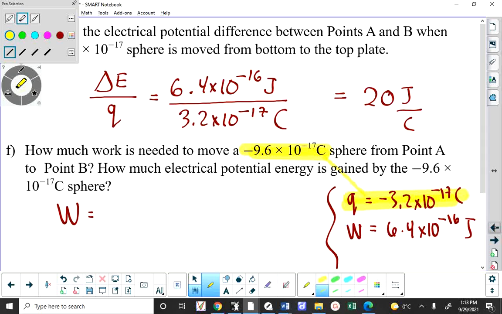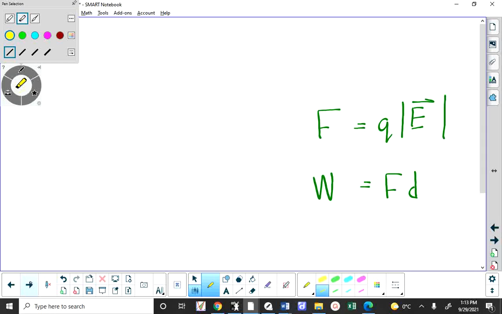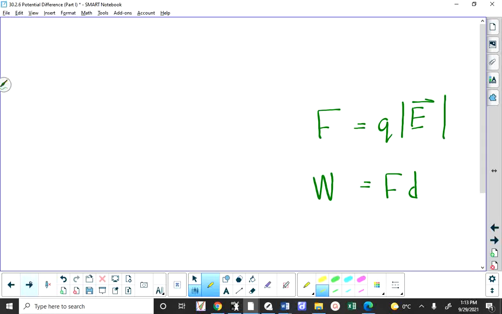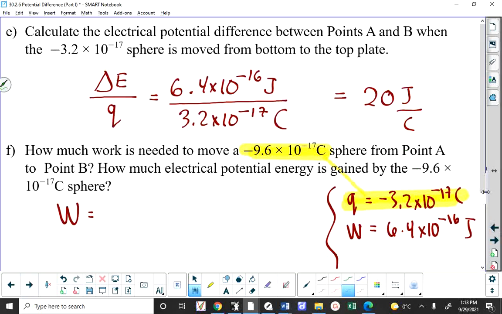So we don't need to show all of this work, but if you have 3 times the charge, you're going to have 3 times the force. If you have 3 times the force, you're going to get 3 times the work. So the answer to this question is going to be, we're going to take the 6.4 times 10 to the negative 16 joules and triple it, and get what I believe is 1.92 times 10 to the negative 15.